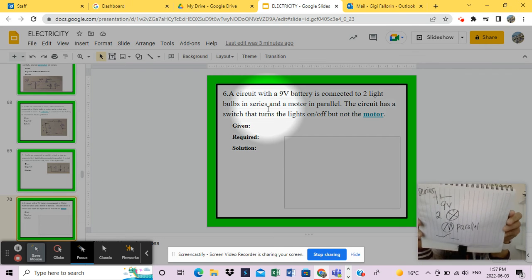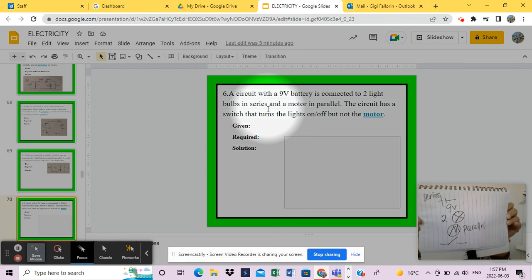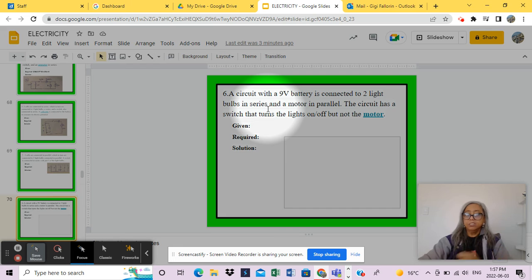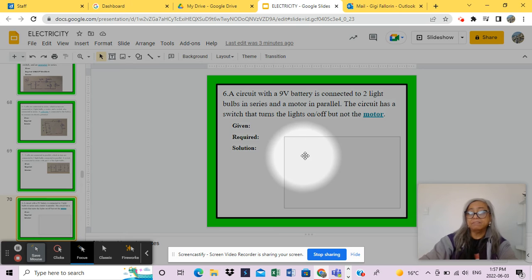Try and make sure that you have this in your given: the cell or the battery, the charge on it, 9 volts, two light bulbs, the motor in parallel connection, and a switch. So that's part of the given. Required, draw the circuit diagram. At this point, again, pause and try to do it on your own, and when you're done, come back to this video.